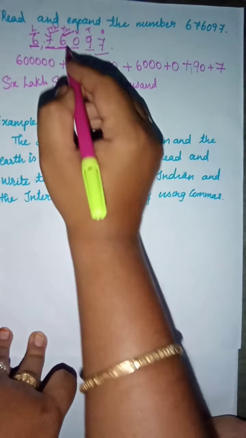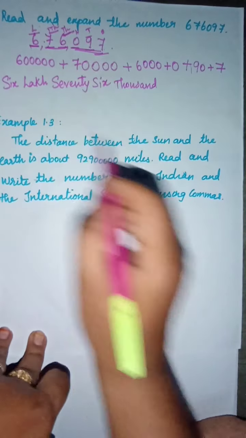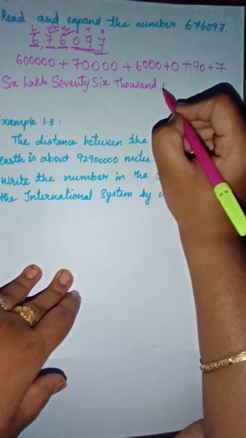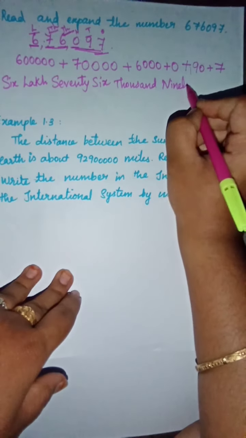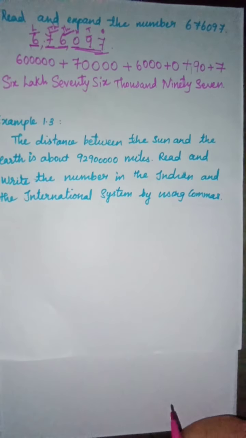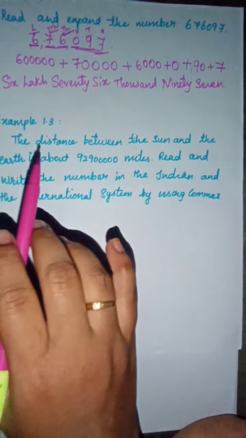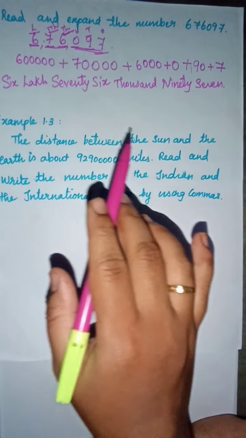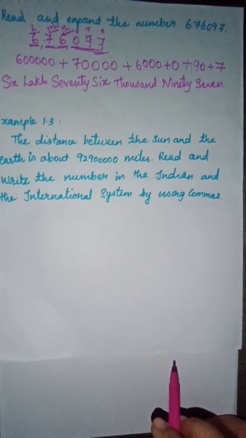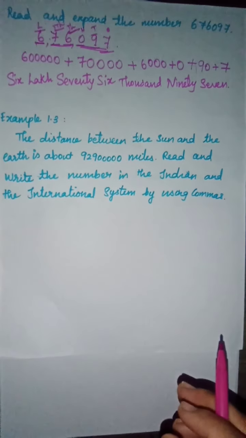Then just see these 3 digits, that is 0 lifted, and then 97, just 97. Okay, so now read the number: 6,76,097. 6,76,097. Okay, can you understand?